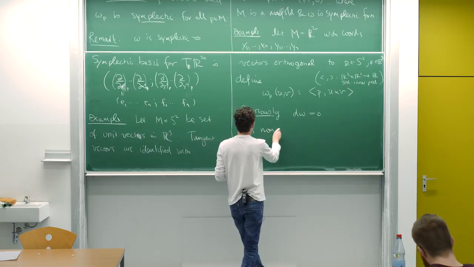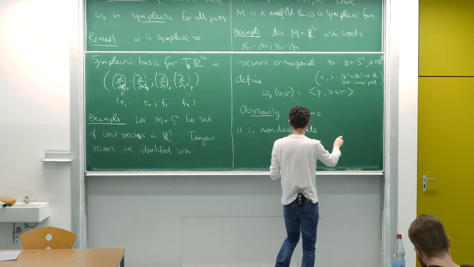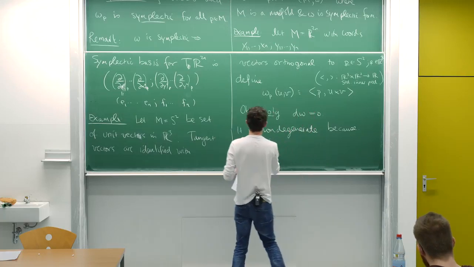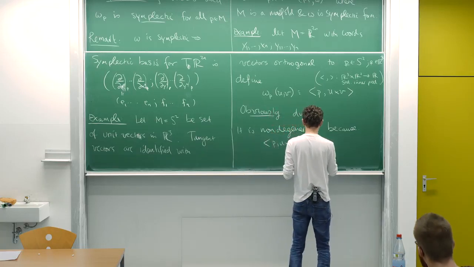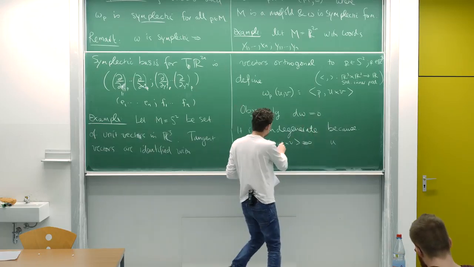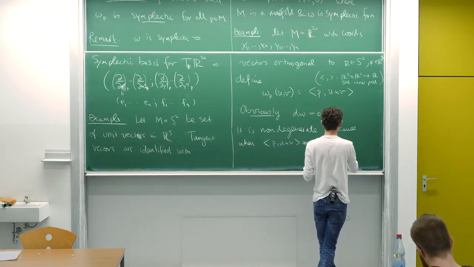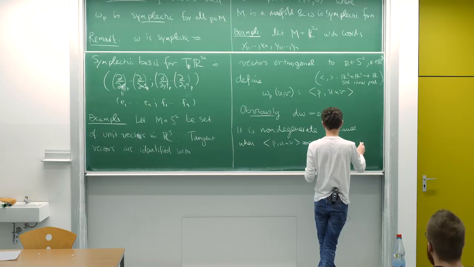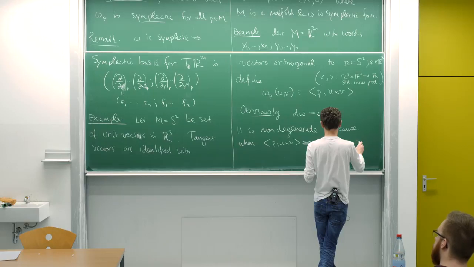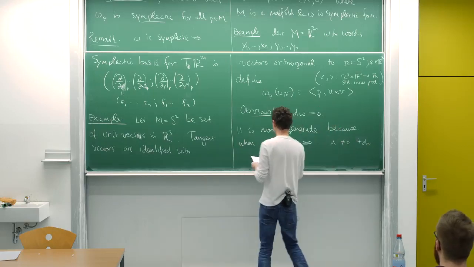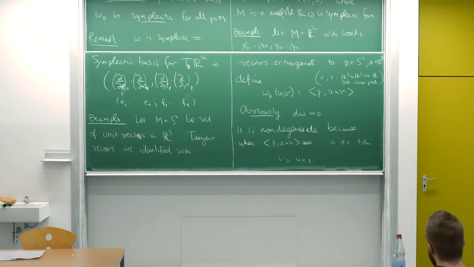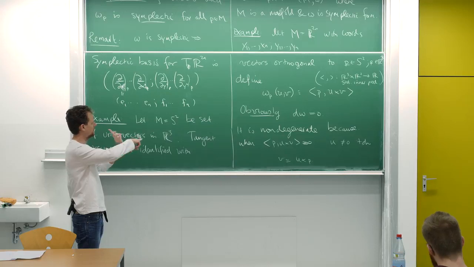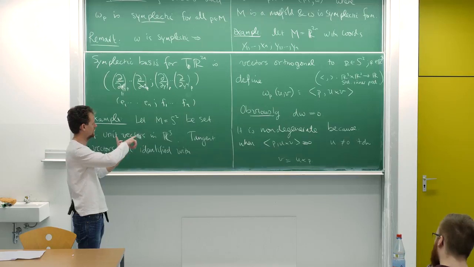And it is non-degenerate because if the inner product of P with U cross V equals 0, and U is not equal to 0, then just take V to be U cross P. U cross P is pointing in the direction of V.